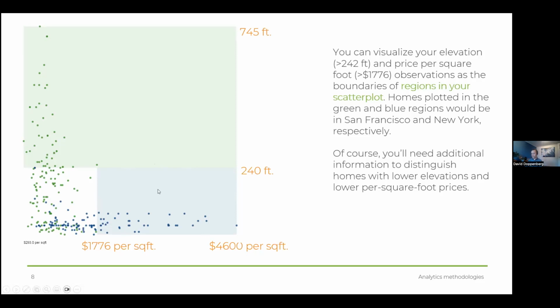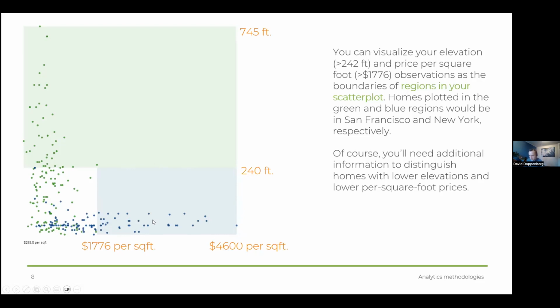This blue rectangle is exactly all data points that are between 1,776 price per square feet and 4,600. So that's the x-axis here. The rectangle goes from there to there. And the height of the rectangle is defined by 0 to 250 feet. And every data point that falls within this rectangle will be classified as a house in New York.